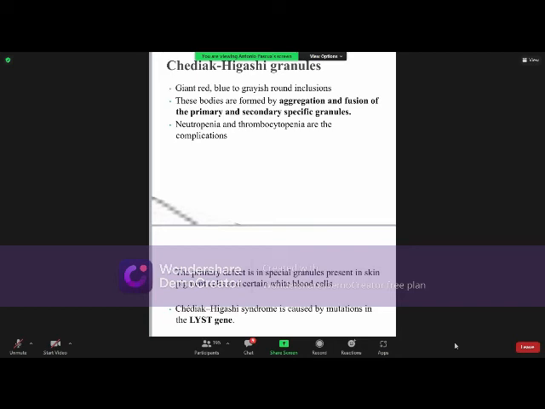And the most common organism infecting people with Chediak-Higashi is Staphylococcus aureus. Familiar? Yes, sir. For sure, you know Staph aureus, right? So that's a common organism attacking or infecting patients with Chediak-Higashi.